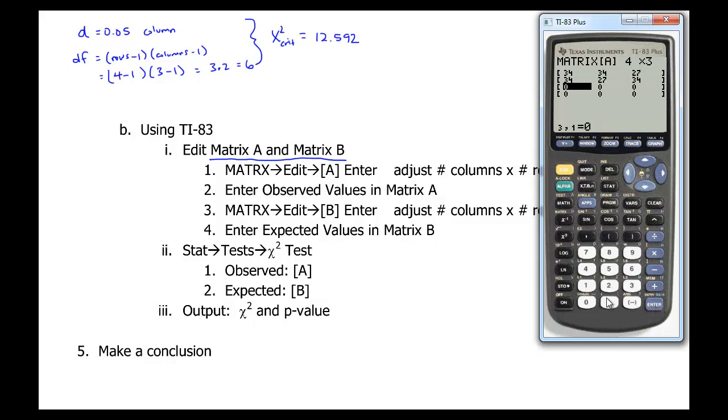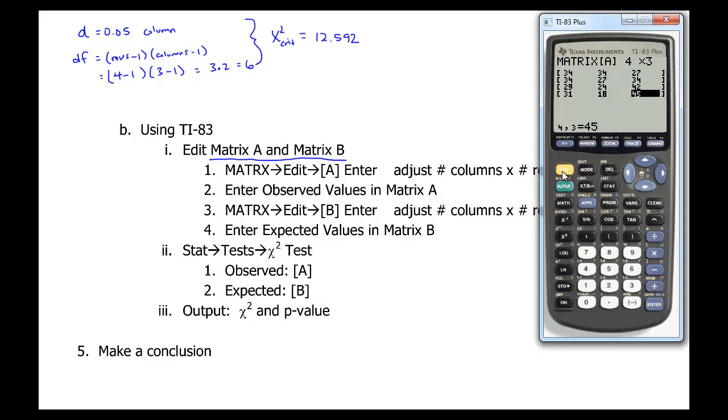For generation X, we had 29, 24, and 42. And for the millennials, we had 31, 18, and 45. So that's matrix A, our observed values. Okay, now that'll get saved in there.